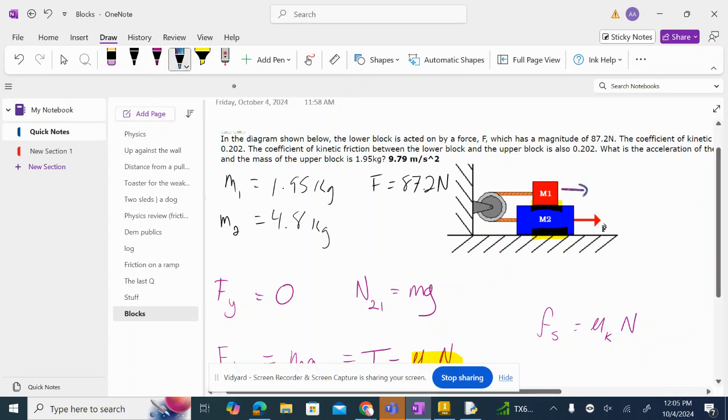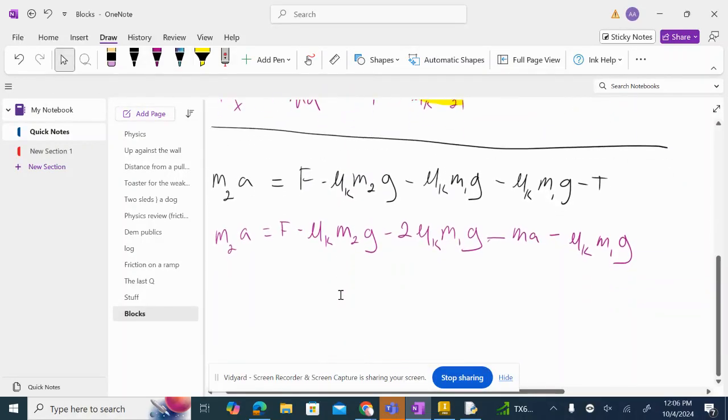We have a force of friction between M1 and M2, going that way because M1 is going to be sliding in that direction. We have friction between M2 and the floor. Because we are being pulled in this direction, we have a kinetic friction going that way. So our value of T cannot only be T, it has to be T minus the friction, because we have a force of friction there.